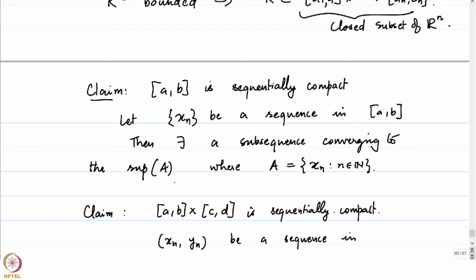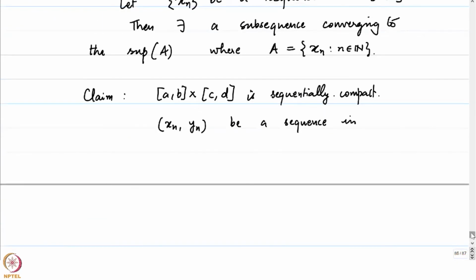If AB was open and the sequence xn had its supremum equal to B and we had a subsequence converging to B, it wouldn't have been of any use because B doesn't belong to our given set, right? Here the key factor is that it is closed. The supremum belongs to this closed set, and that is why it is a sequentially compact set.